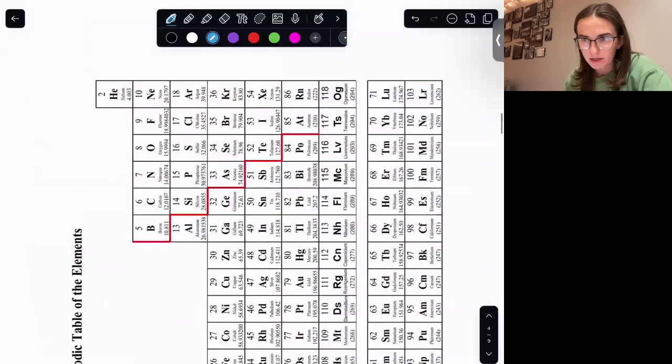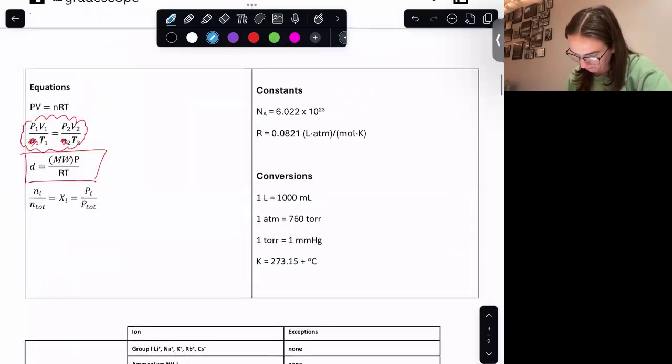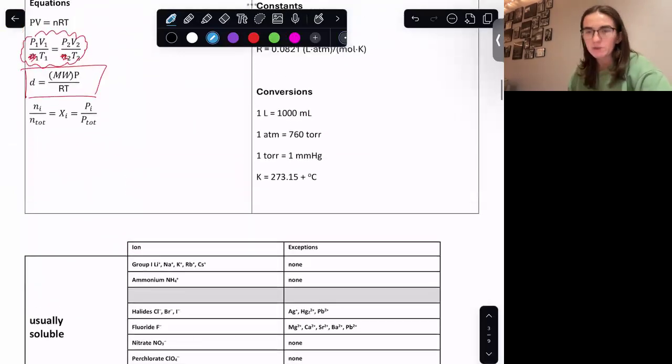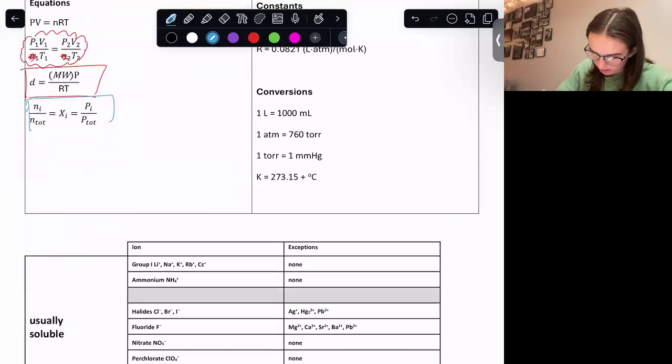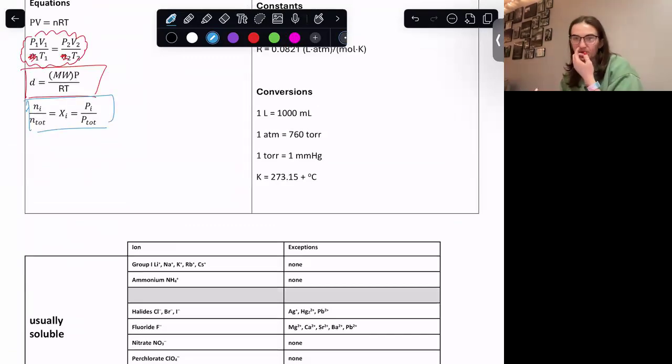Okay, can you explain mole fractions with partial pressure? Sure. When we talk about mole fractions with partial pressure, we're looking at this equation for our mole fraction related to partial pressure. Pressure comes from the number of collisions that the gas molecules make with the container.